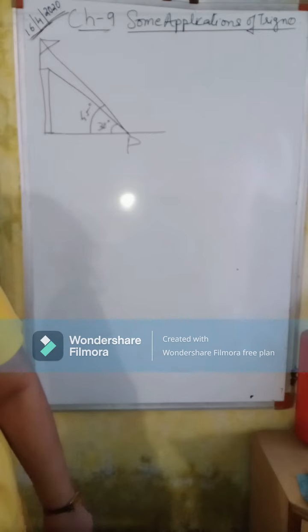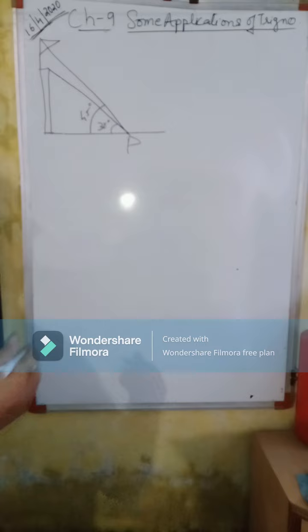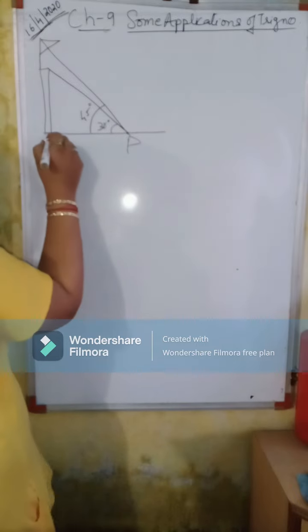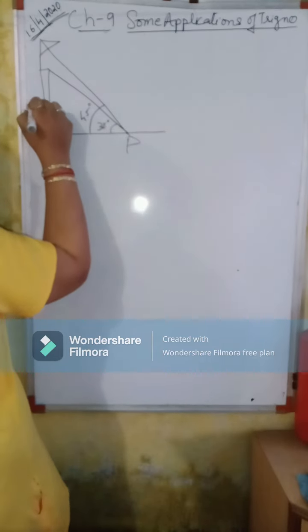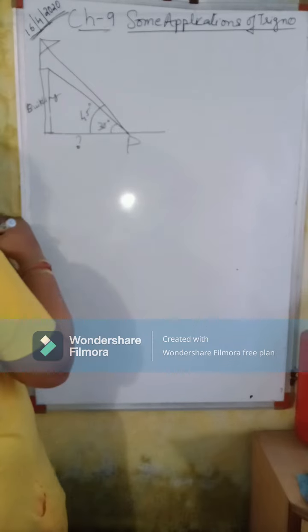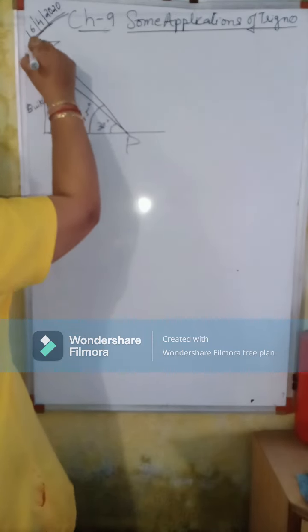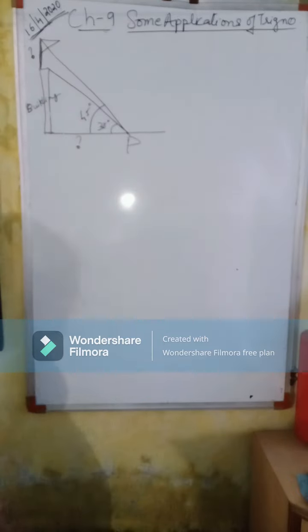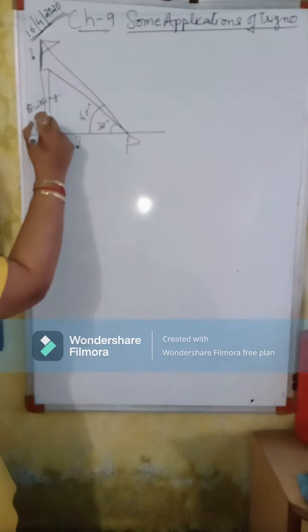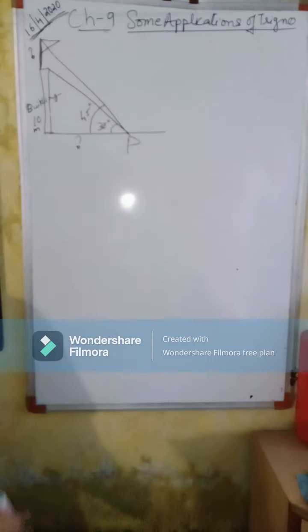Find the length of the flag staff and the distance of the building from P. You have to find the distance of this building from point P, then you have to find the height of this flag. The building is 10 meters tall.